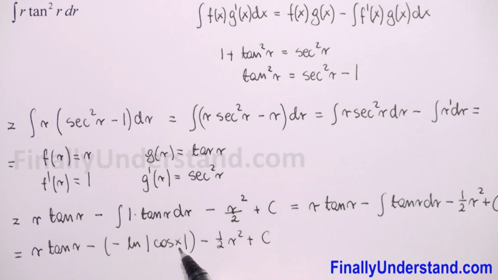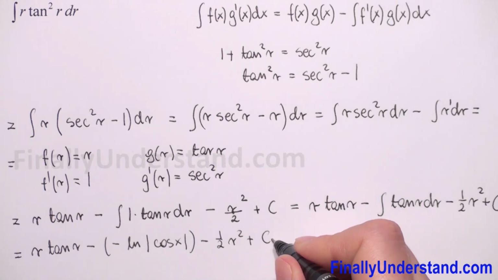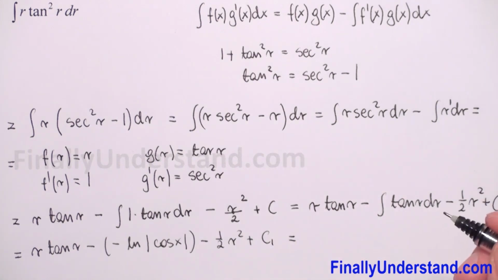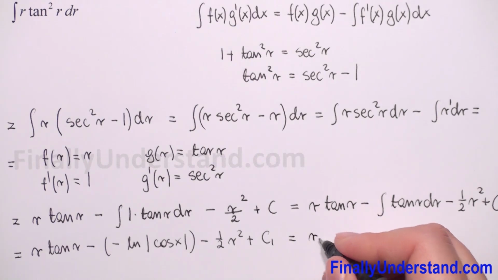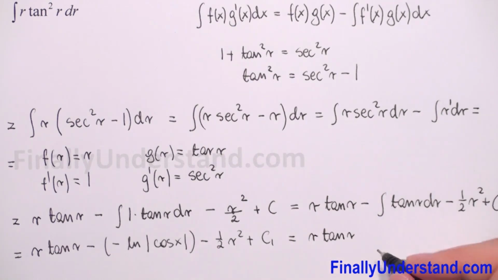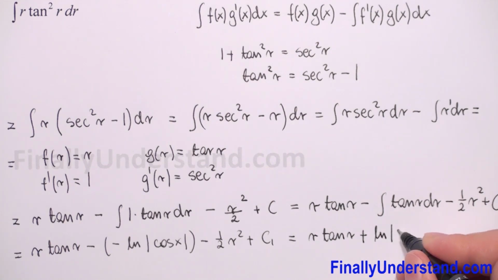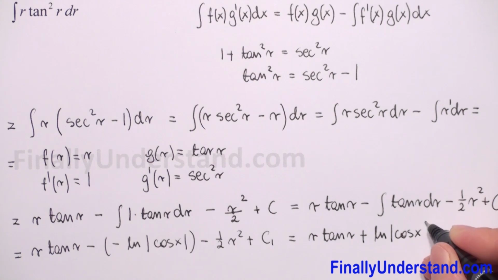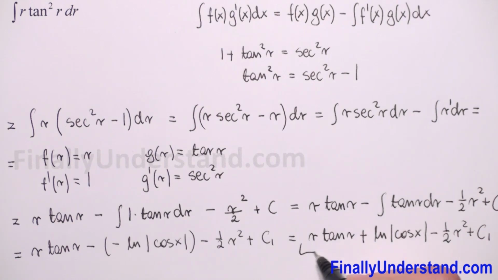Of course, we need to add c here, but c and c will still be a constant, so I can put here c1. So this is equal to r tangent r, and negative and negative give us positive natural logarithm of the absolute value of cosine of r, minus 1/2 r square plus c1. This is my solution.